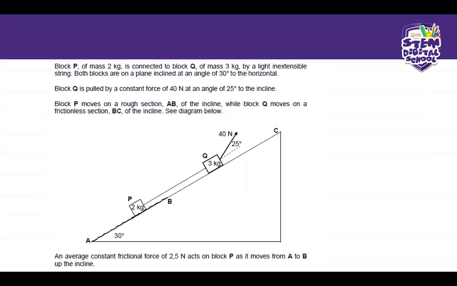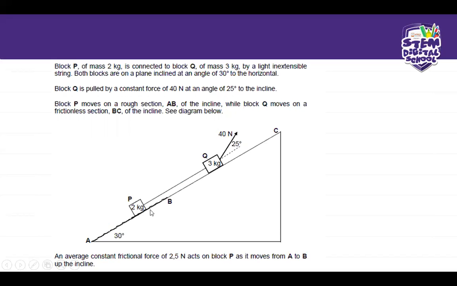Block P moves on a rough section, as you can see here. It's a rough section, which means there is friction, AB of the incline, while block Q moves on a frictionless section, BC of the incline, as you can see in the diagram below. So an average constant frictional force of 2.5 Newton acts on block P.